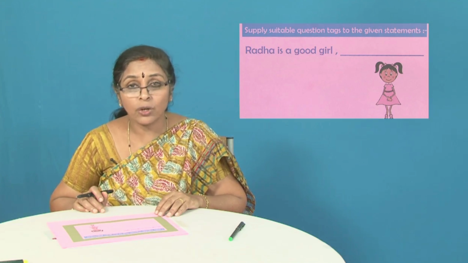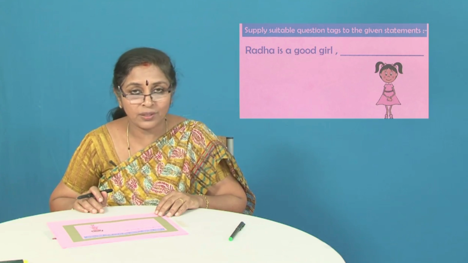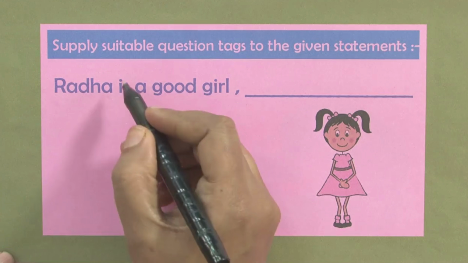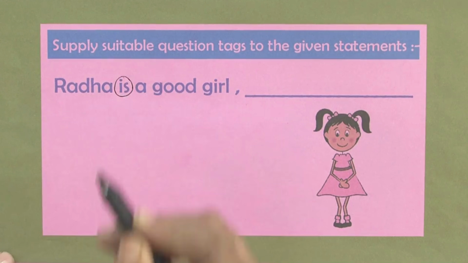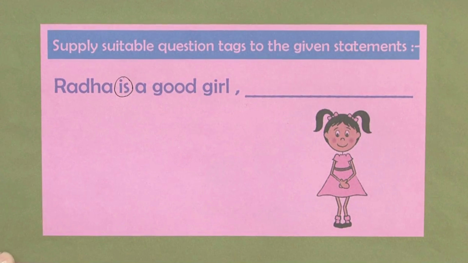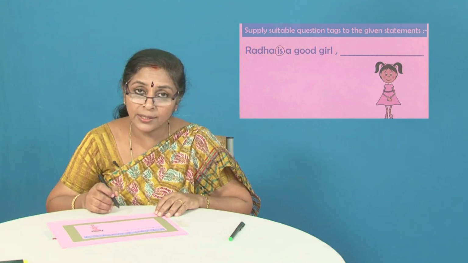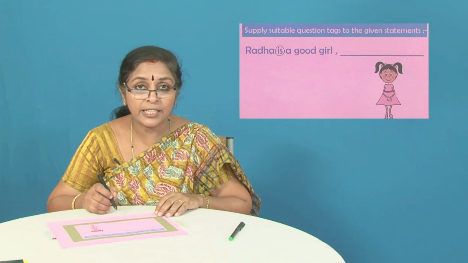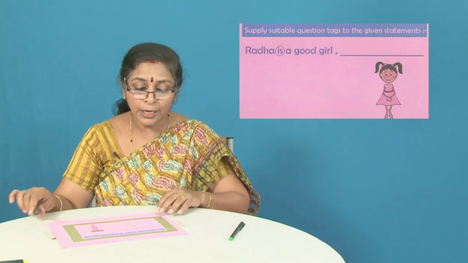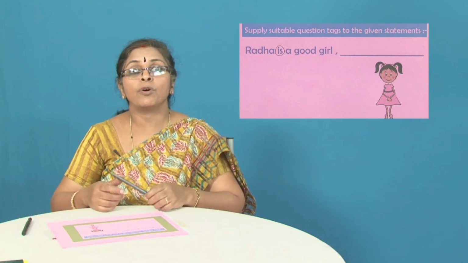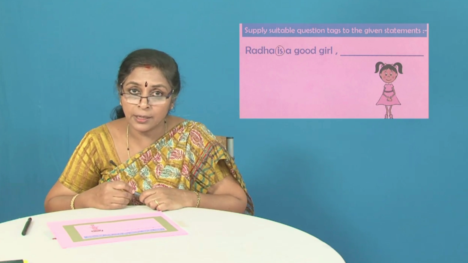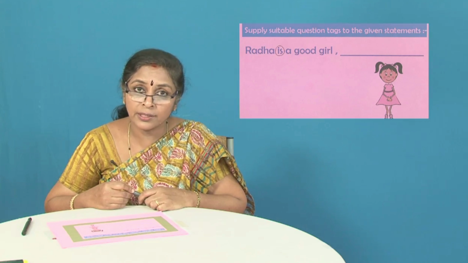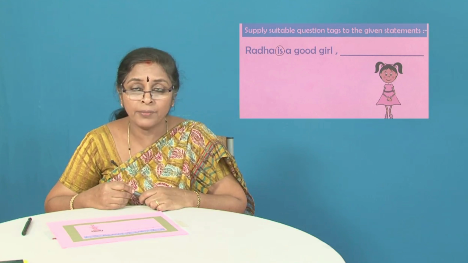Now, which is the auxiliary verb? You very well know what is an auxiliary verb. So is the auxiliary verb, right? And this is in its positive form. So you need to change is into its respective negative form, right? So what is the negative form of is? It is isn't. Now, when you use the auxiliary verb in its negative form, please use only the short forms.